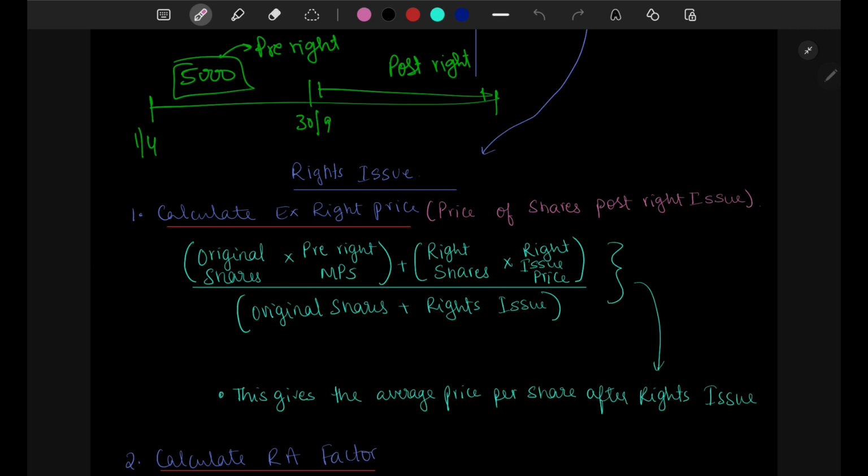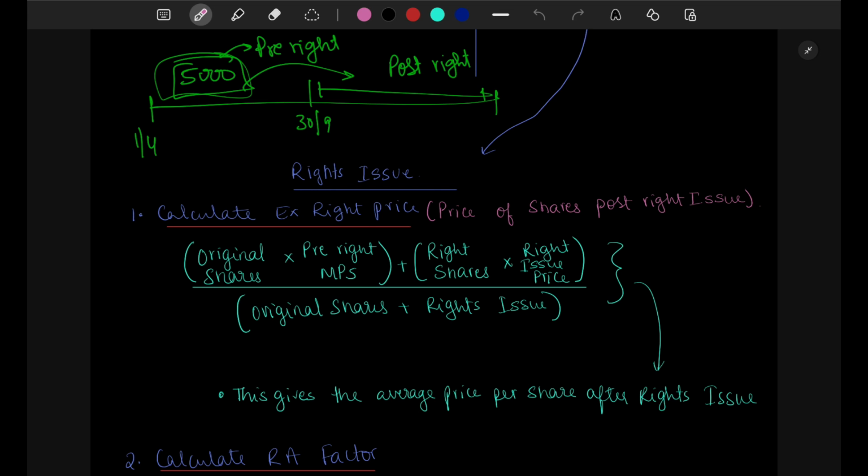Why we need this is to convert the pre-right into post-right. What we are trying to do here is bring all of them to the same basis, to balance each other out.